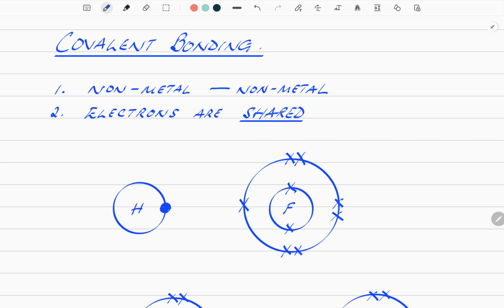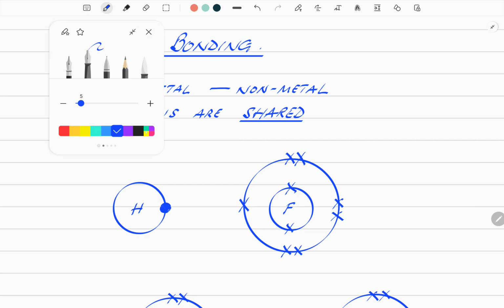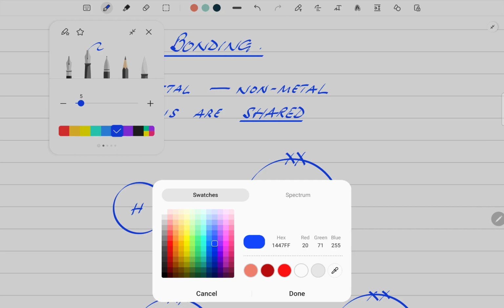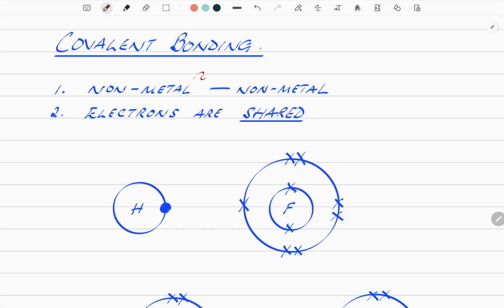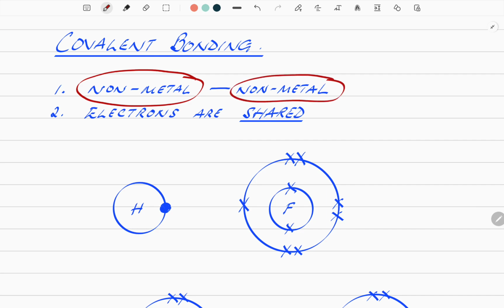What is covalent bonding? It's bonding between atoms of non-metals. So it's non-metal to non-metal only.